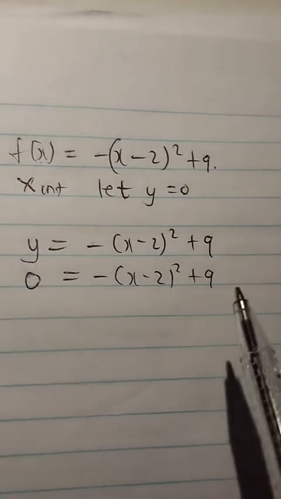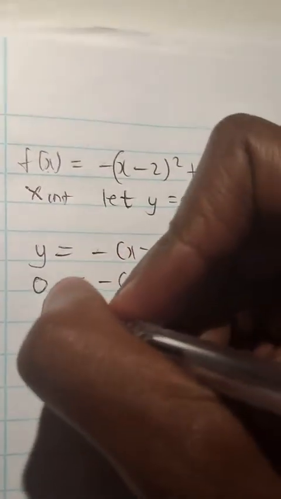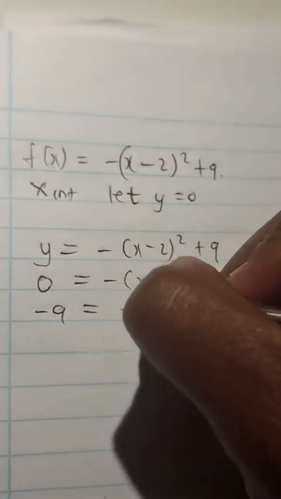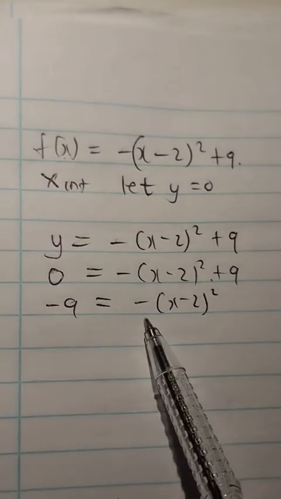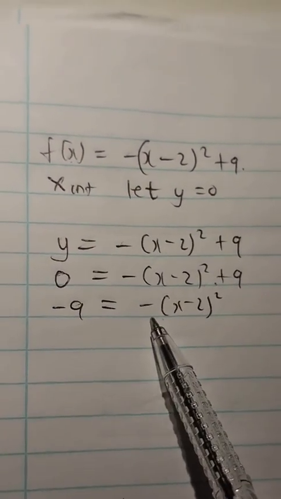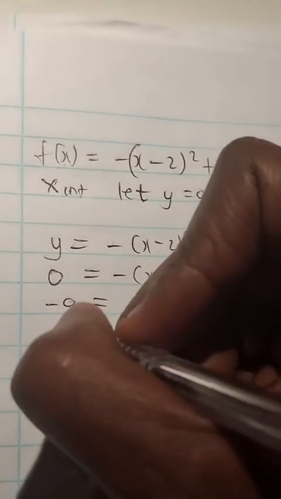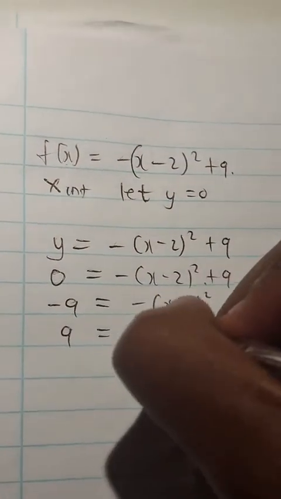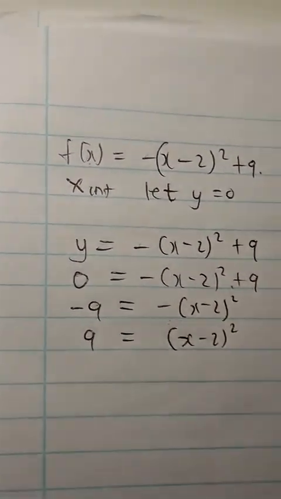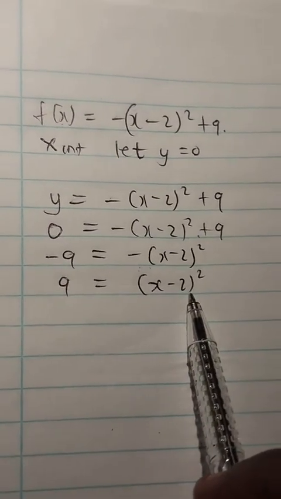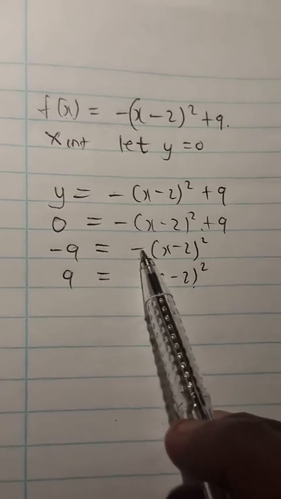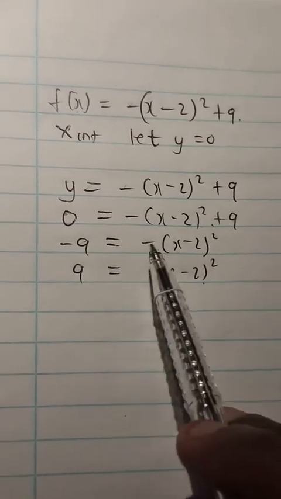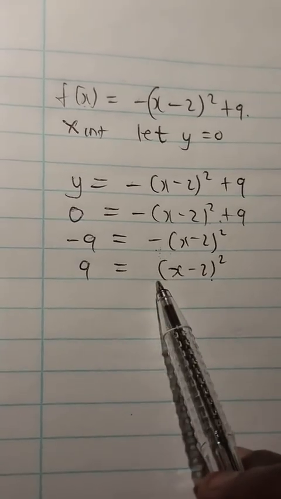Alright, this seems a bit more familiar. We take the 9 over and divide both sides by the negative coefficient. This becomes positive 9. You see, we divide both sides by a negative because it's a negative coefficient. Negative divided by negative gives us a positive.